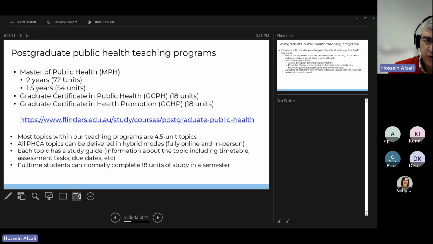This is really important because when you read a study guide for each topic, you can find lots of information about the timetable, the assessment activities, the due dates, and the lectures, the content of the topic, and tutorials. So I think that would be your first step, to have a look at the study guide or topic guide.